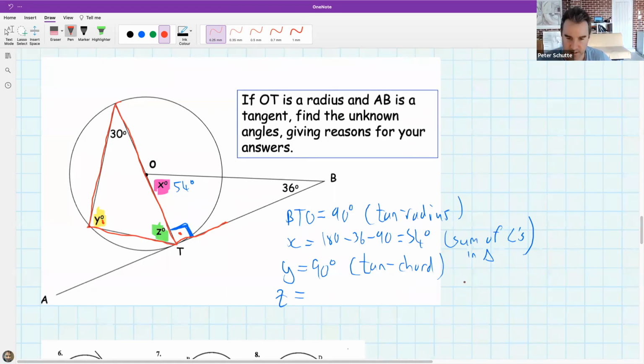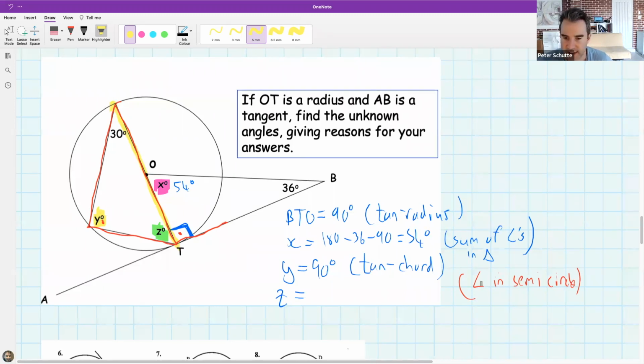However, you could also use the reason angle in a semicircle. Now that reason for Y is 90 would just say, look, I know that this is the diameter. And since this is the diameter, any angle made by the diameter at the circumference will be 90.